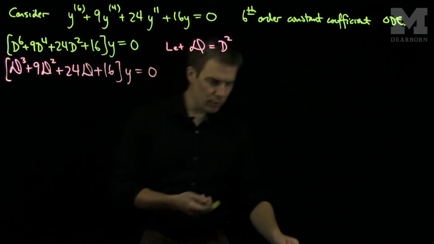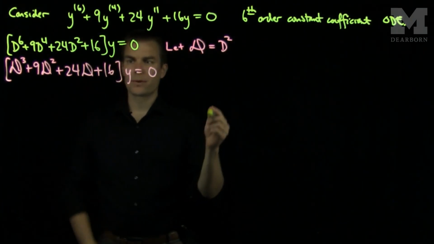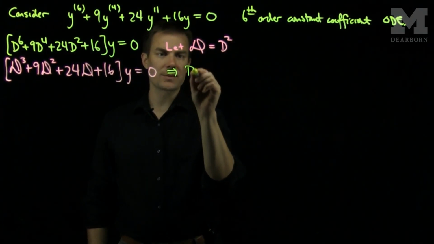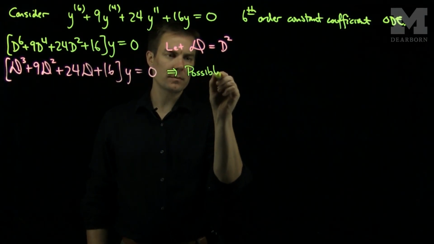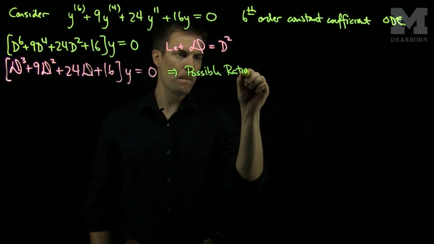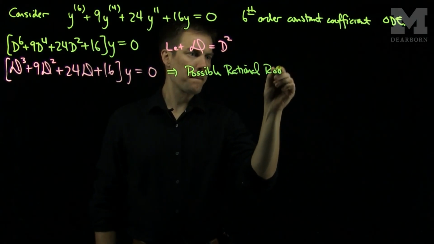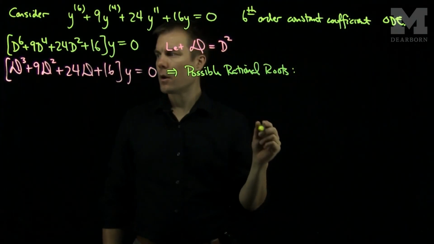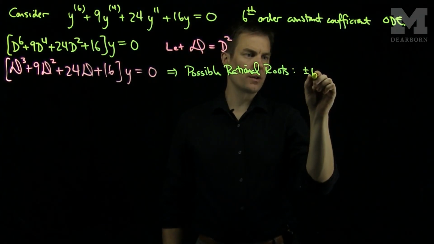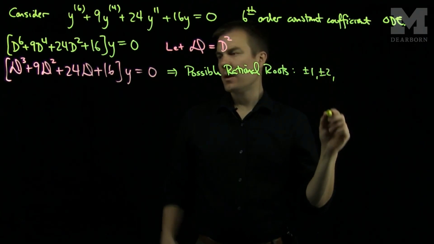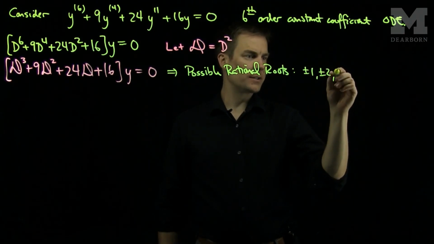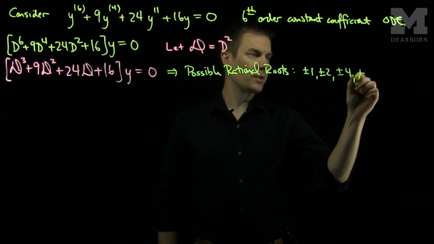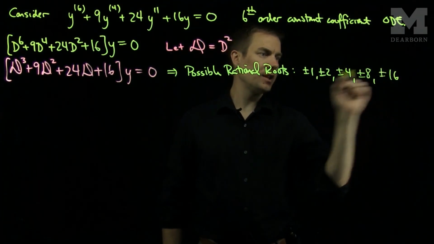Now we can use the rational root theorem to determine the possible rational roots. They are plus or minus 1, plus or minus 2, and then the factors of 16 are 4, 8, and 16, so plus or minus 4, plus or minus 8, and plus or minus 16.